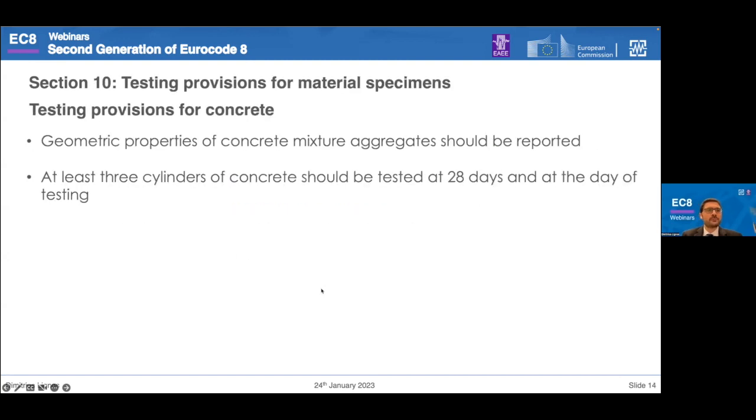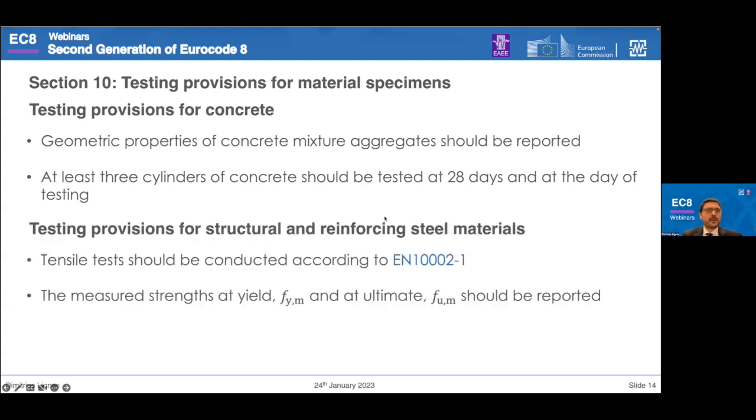Now, before I close, in the last section there are some testing provisions for material specimens. Indicatively, when it comes to concrete, besides typical cylinder testing at 28 days and at the day of testing, the geometric properties of the concrete mixture aggregates should also be reported, as well as testing provisions for structural and reinforcing steel materials.